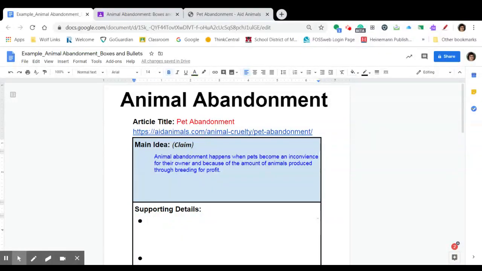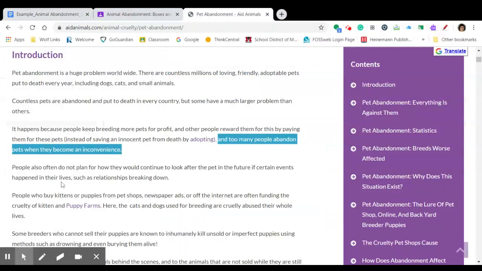Now to do the supporting details. So if we go back, and we know what article it's coming from. And right now I don't need to put them in my own words. So let's see here.